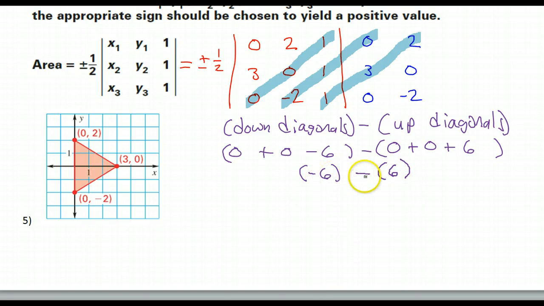So -6 minus 6 is going to be -12. So that's my determinant. But we have this business of the plus or minus 1/2. So really right from the beginning, I'm doing plus or minus 1/2 of all of this.